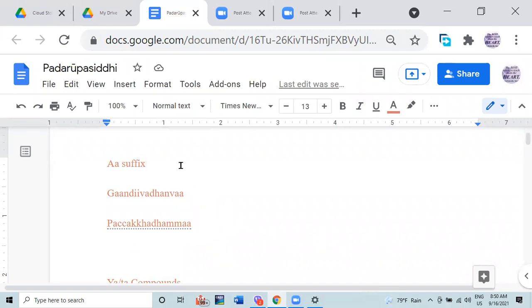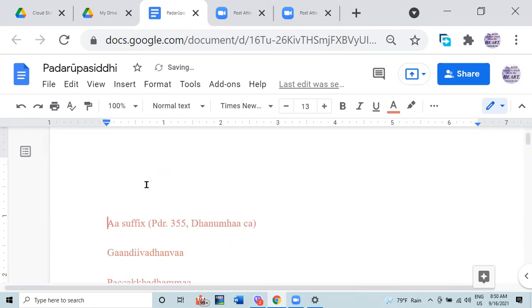So for the Sutta number, you go to Padarūpasiddhi, Sutta number 355. This is about asapis.